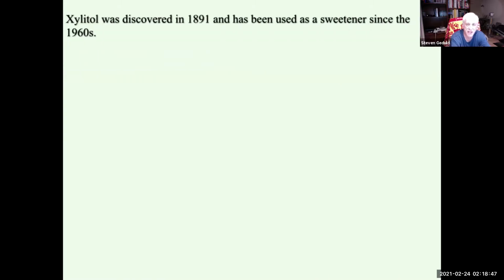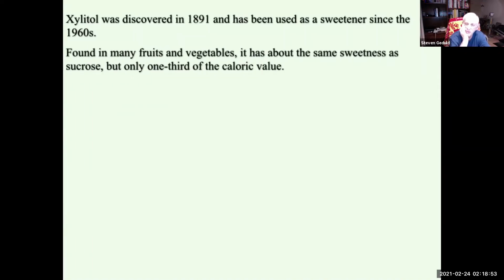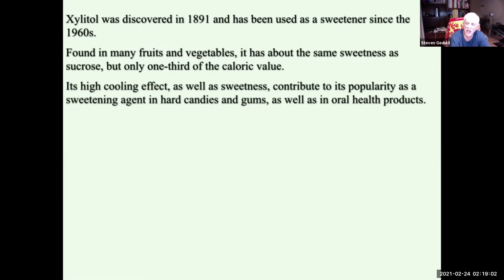Xylitol, discovered in 1891, has been used as a sweetener since the 1960s. It's found in many fruits and vegetables, has about the same sweetness as sucrose, but only 1/3 of the caloric value of sucrose. It's also got a high cooling effect because it absorbs heat during metabolism. When it breaks down, it absorbs heat, so it's a high cooling effect, and it's a sweetener. This contributes to its popularity as a sweetening agent in hard candies and gums, as well as in oral health products.